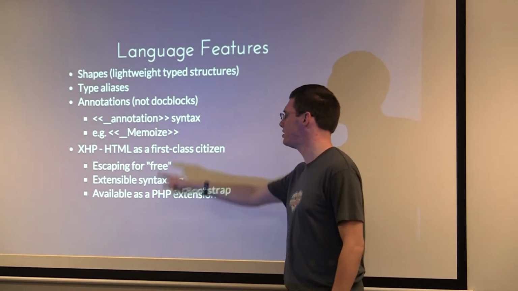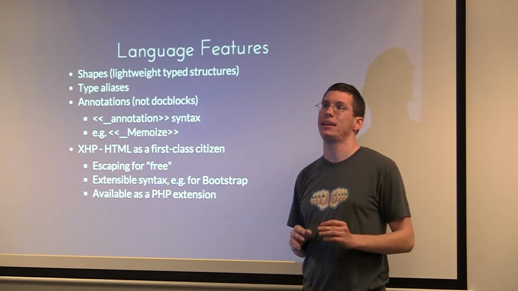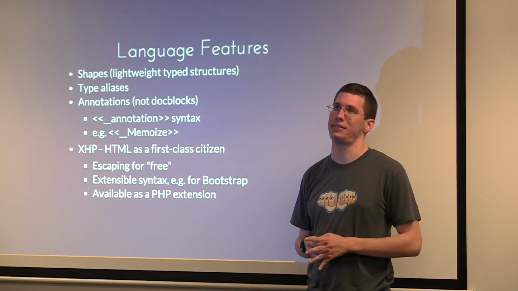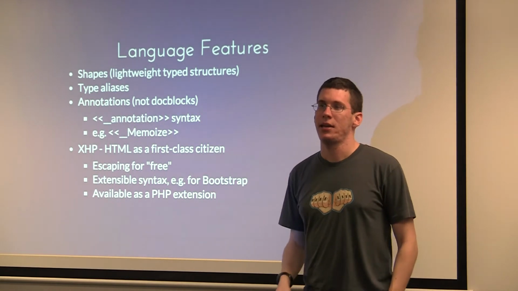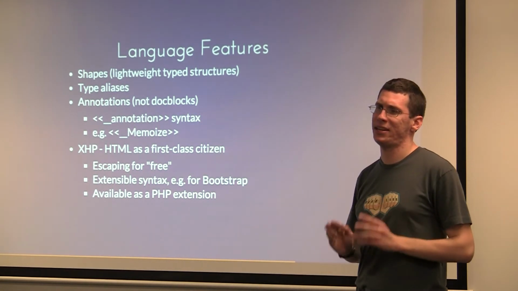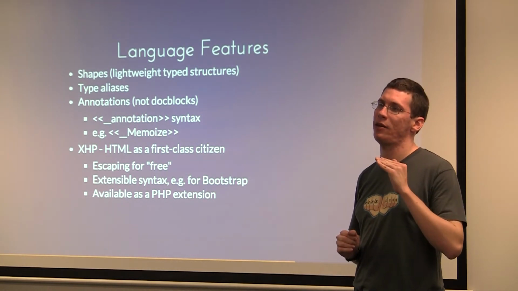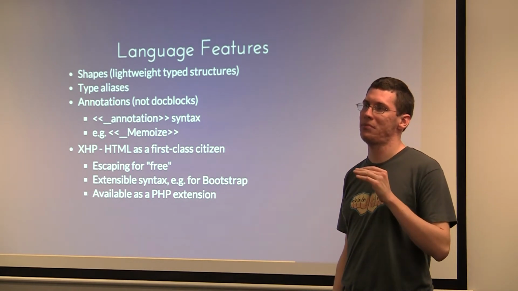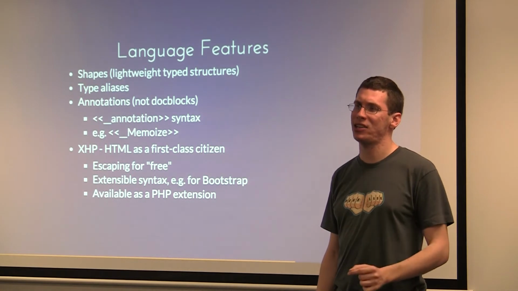One interesting one is memoize, which, if you have a function that does a rather complex calculation, like say calculating the value of pi to X number of digits, you can drop that memoize annotation on top of it, and then for any given input value, as it returns, HHVM will cache that.